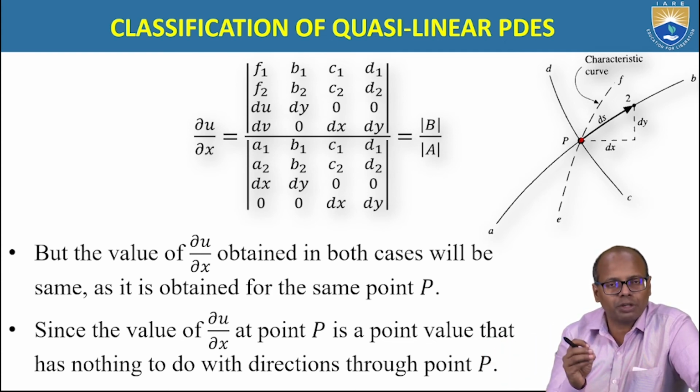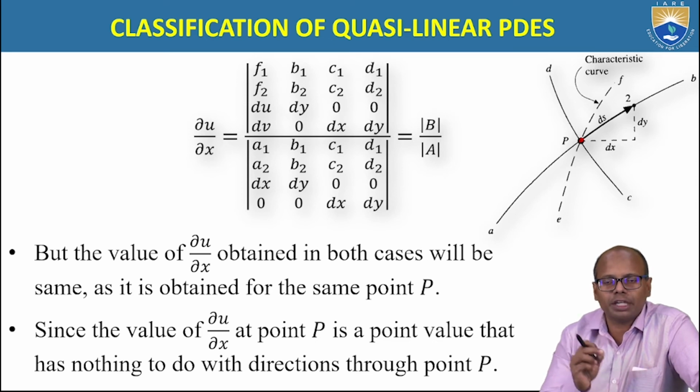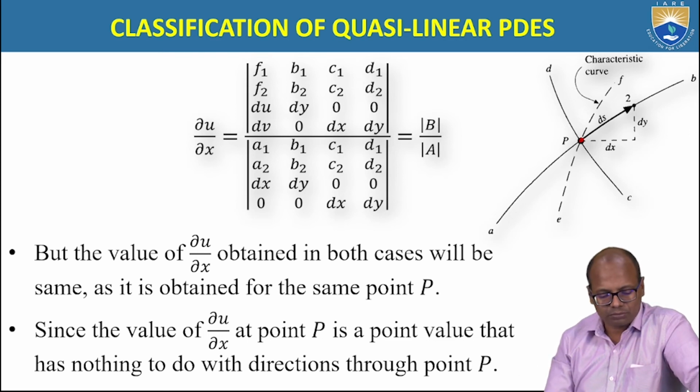And we are going an infinitely small distance. So it doesn't matter whether we take curve AB or curve CD, we will get the same value of dou u by dou x for the limiting case of dx tends to 0 and dy tends to 0.